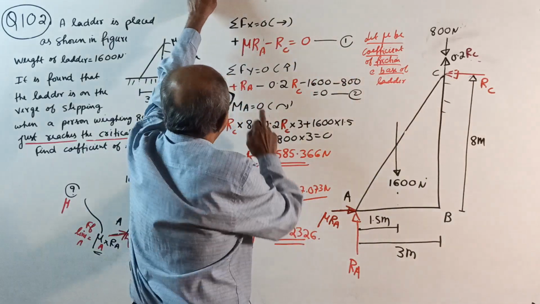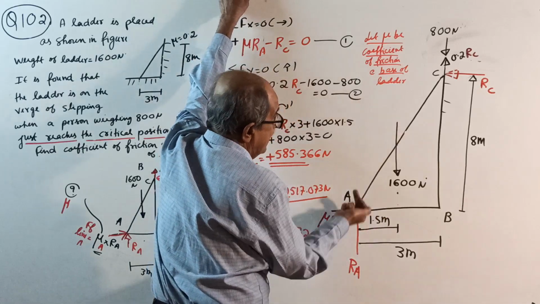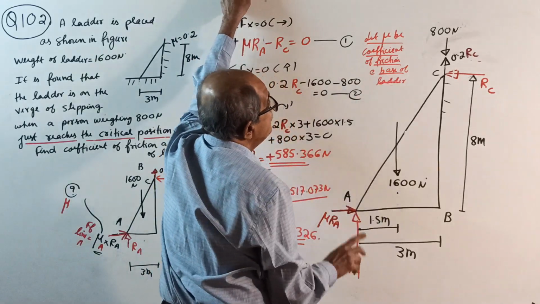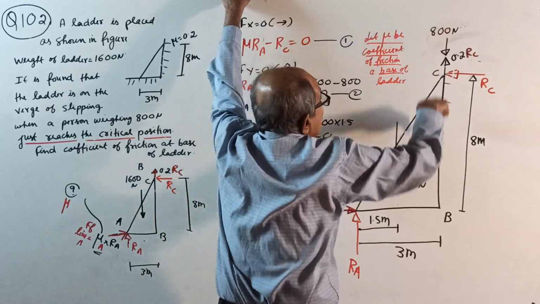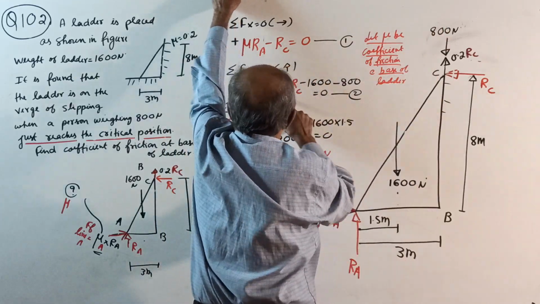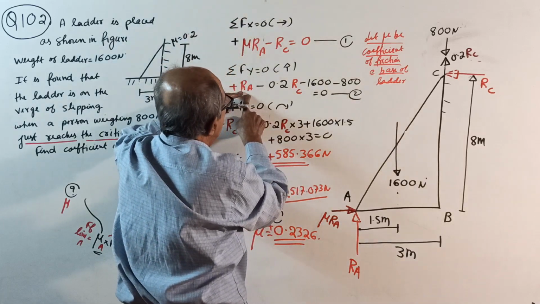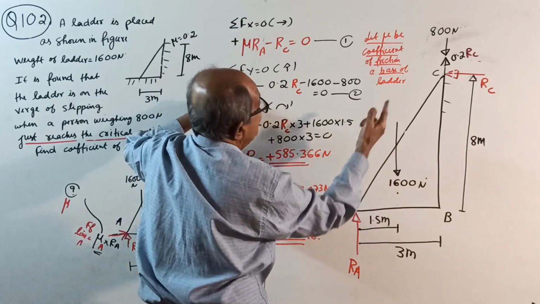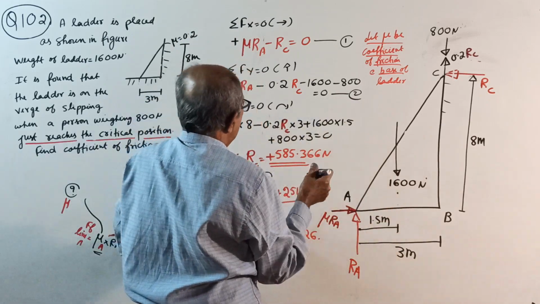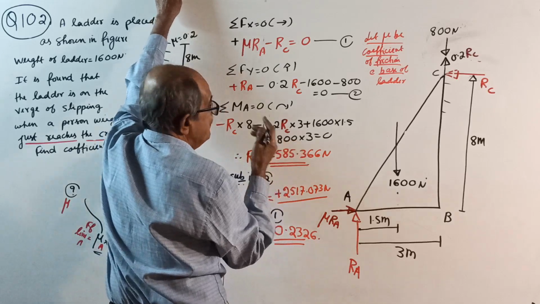Sigma Fy equals 0: plus RA minus 1600 minus 800 plus 0.2 RC. Oh, it is not minus, it is plus 0.2 RC. I made a mistake here, I don't know why.